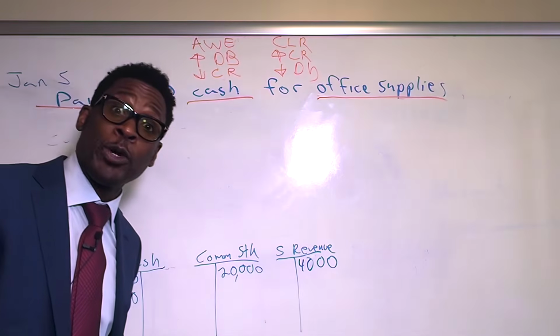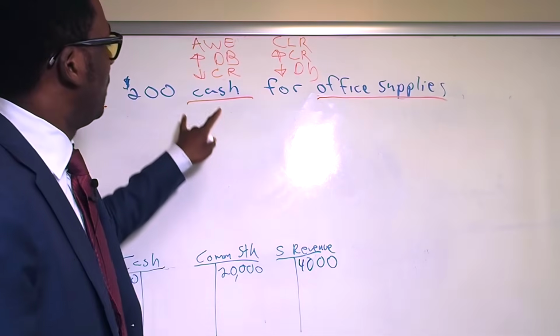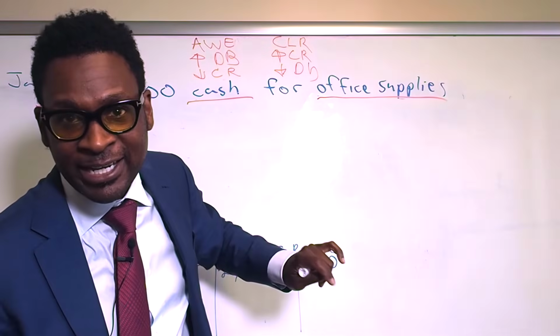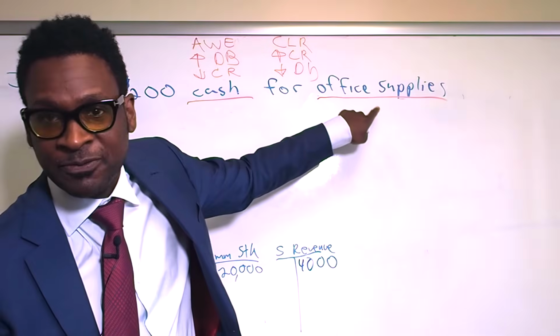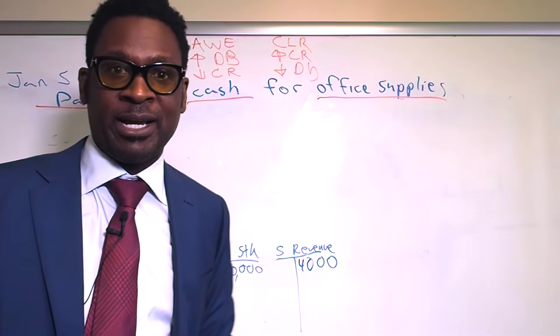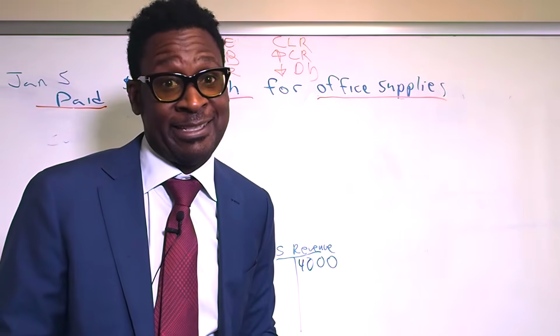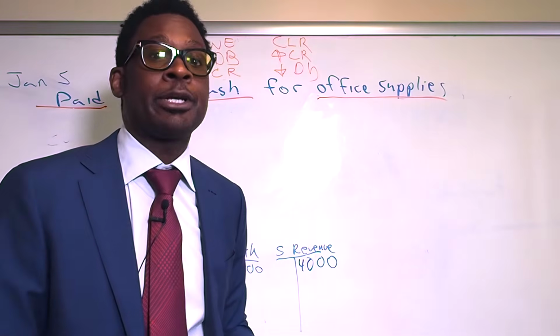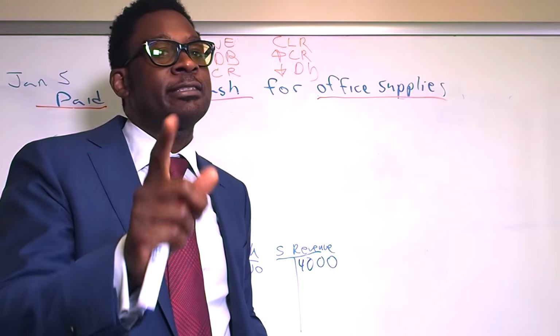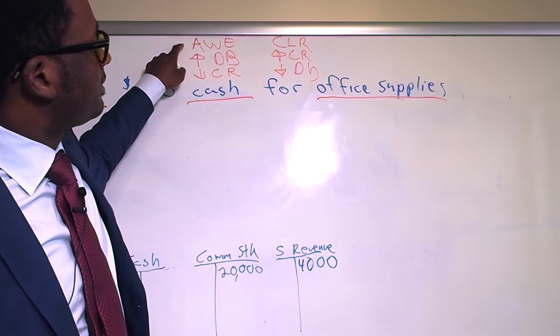So what do we have to debit? Well, based on logic, the only other account that was affected was office supplies. But let's follow through. Office supplies is also an asset. And what is it doing in the company? Going up. Since it's an asset, it's in the all gain.